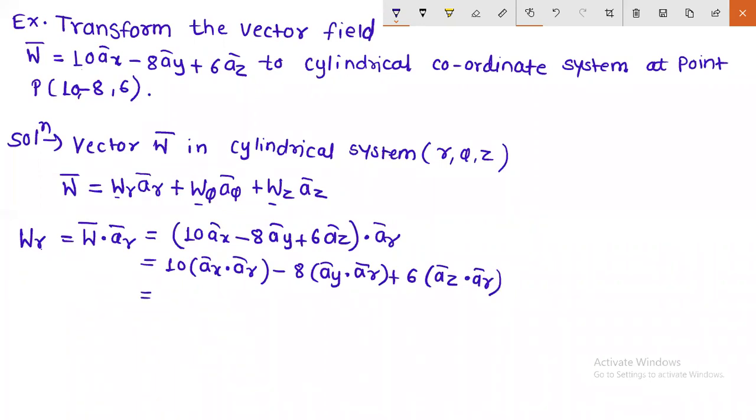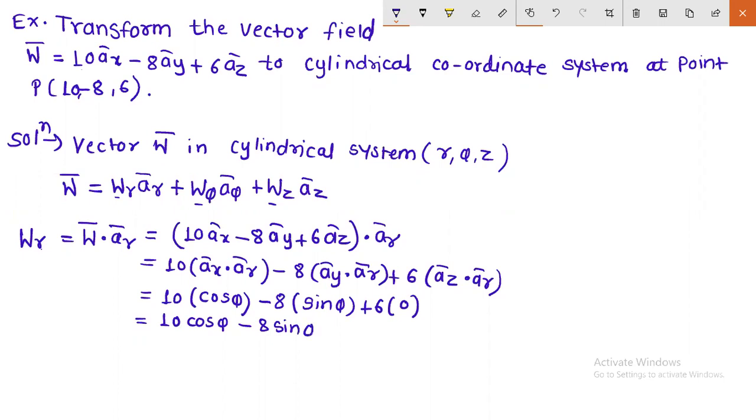So what is a bar x dot a bar r? It is cos phi, right? Then a bar y dot a bar r is sin phi, and a bar z dot a bar r is 0. So we get here 10 cos phi minus 8 sin phi.